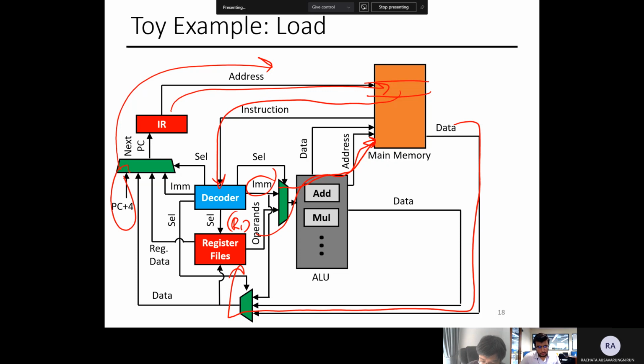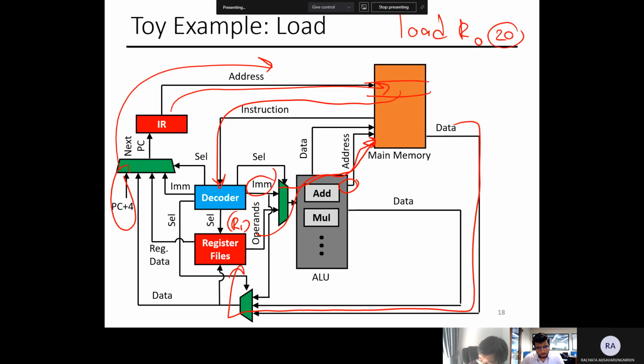The decoder actually decodes the address of the data in this case. The decoder and the ALU would both work together to get the address. That's why I have the address come out of the ALU, because the load command has different formats. Sometimes you can say load R0, 20.